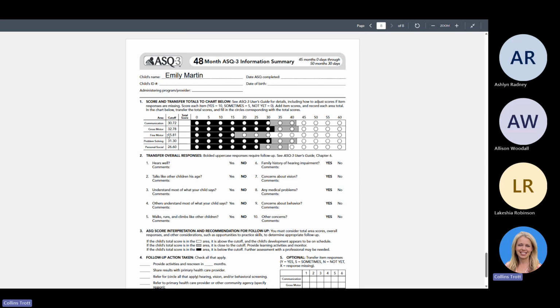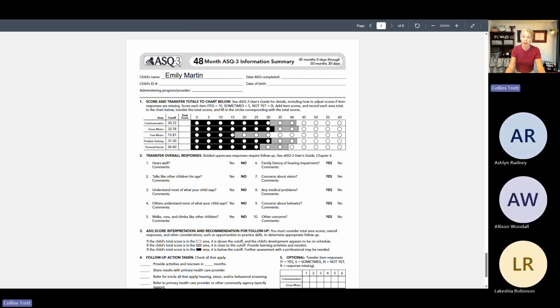Gross motor, 50. Fine motor, 45. Problem solving, 35. And personal social, 30.